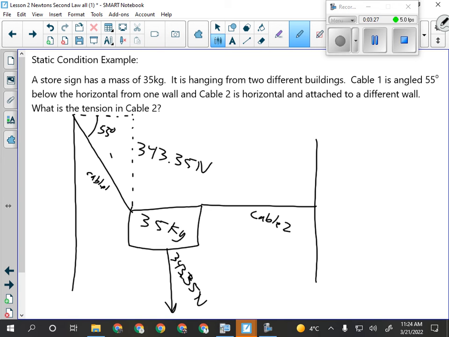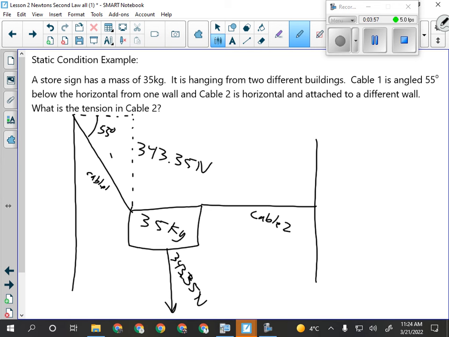All right, so now that I know that number, and that's the only other number I really need, how can I use it to calculate the tension in cable 2? You can use the angle and the vertical force of the first cable to find its horizontal force. That should be the same as the tension in cable 2.